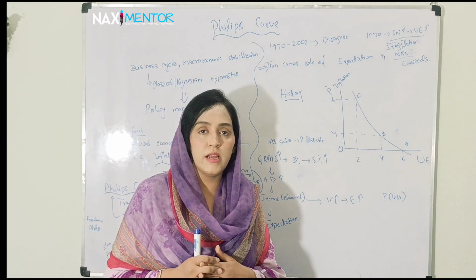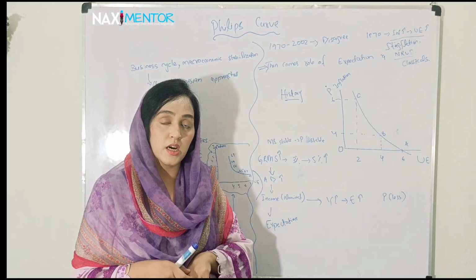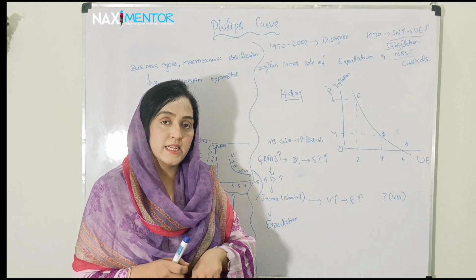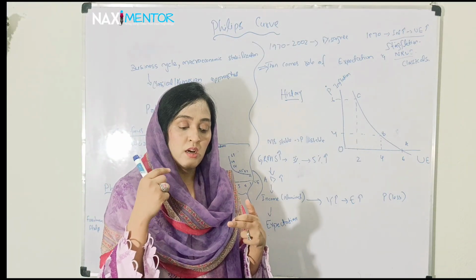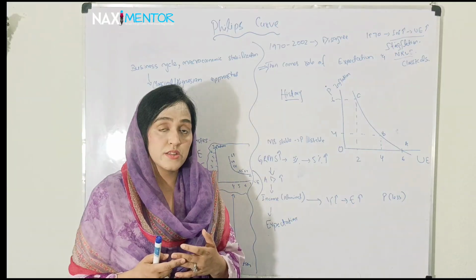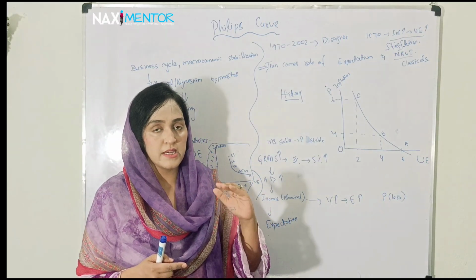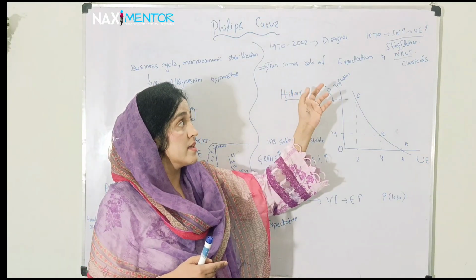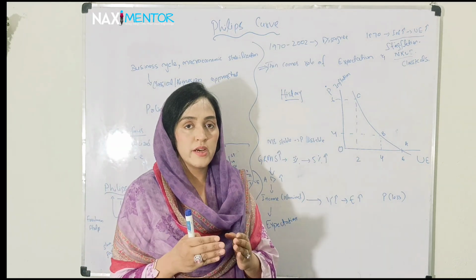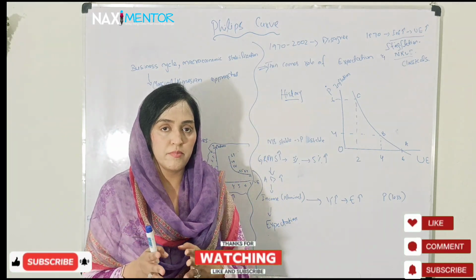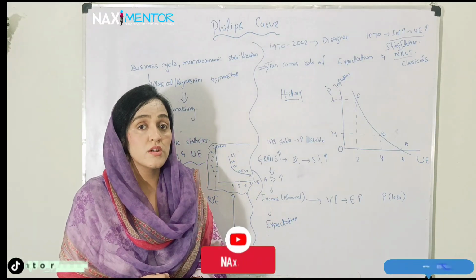They were Phelps and Friedman, and they utilized the same concept of inflation and unemployment, and they said that actually this curve was not working in the right direction, such that we should take expected prices and the difference between expected prices and actual prices, and similarly we should take the natural rate of unemployment, such that actual unemployment and expected unemployment, we should take the difference of these two as well, and then plot it and come to the result.